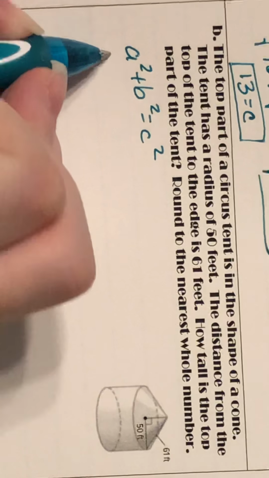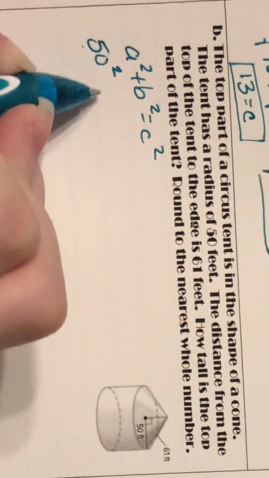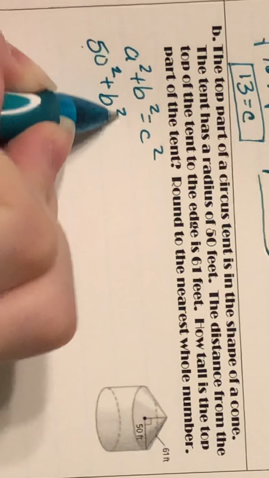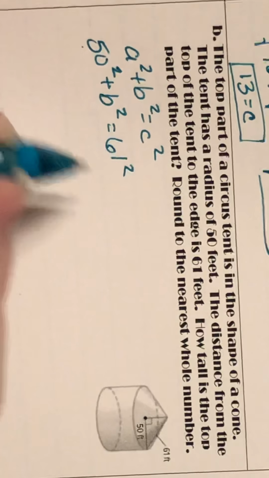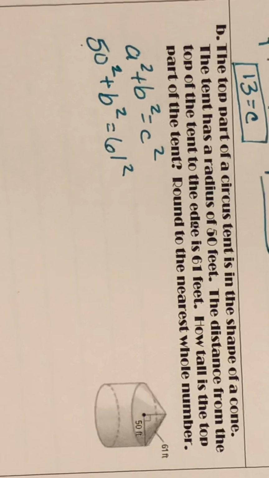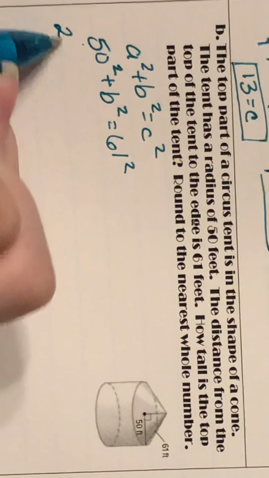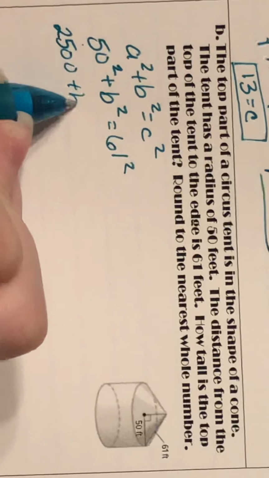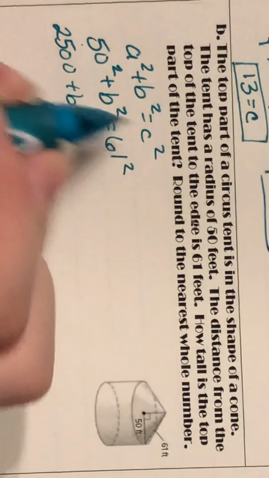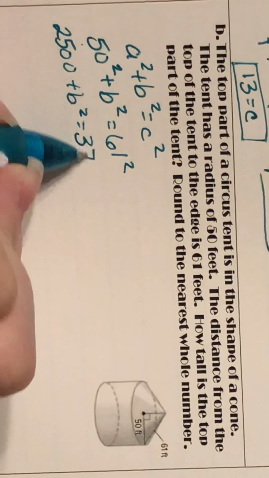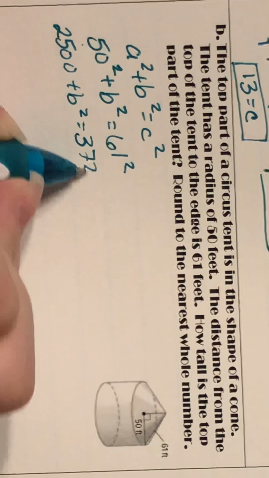One of my legs is 50 feet. So 50 squared. I don't know what my other leg is. And my hypotenuse is 61. So 50 squared is 2,500. And 61 squared is 3,721.